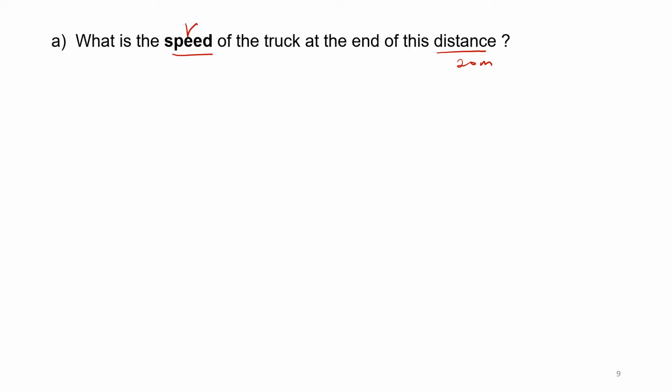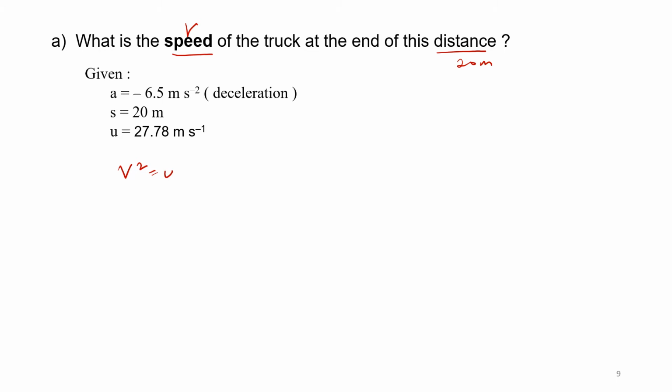Given information: acceleration negative 6.5 meters per second squared, distance 20 meters, initial velocity 27.78 meters per second. Now, we use the equation V squared equal U squared plus 2AS.